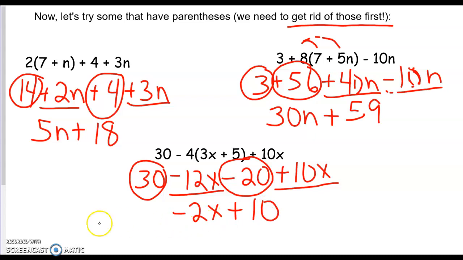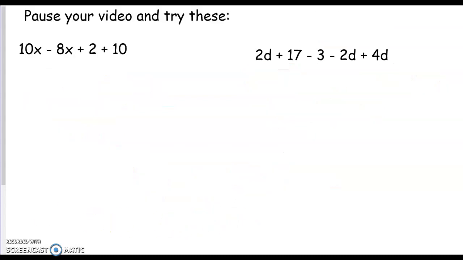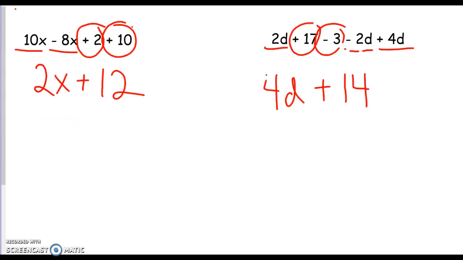Okay? All right, now I want you to pause your video and try these two. They don't have parentheses, so your goal is simply to combine like terms. So everybody try those. Okay, here you go. First one, 10x minus 8x leaves us with 2x, and plus 2 plus 10 gives us plus 12.